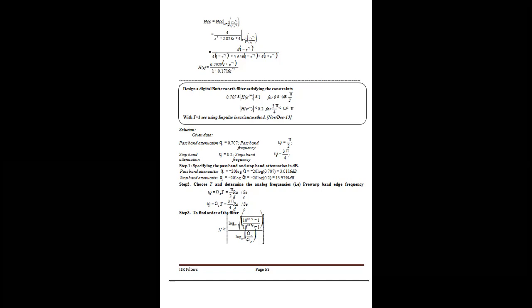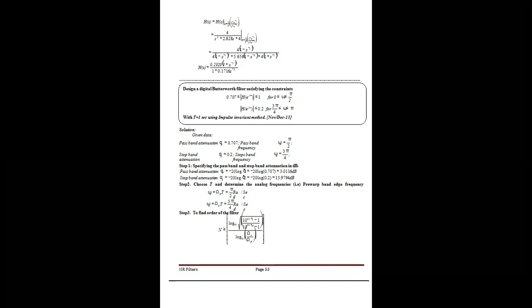So what is the formula for finding the order of the filter? N should be greater than or equal to log to the base 10 of the square root of (10 to the power 0.1 alpha s minus 1) divided by (10 to the power 0.1 alpha p minus 1), over log to the base 10 of omega s divided by omega p.